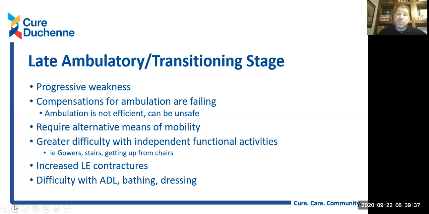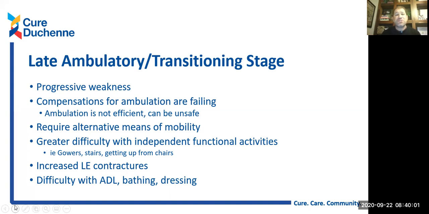The next stage is the late ambulatory or transitioning stage, and that's where the weakness is really taking over. The proportion of the healthy muscle to the muscle with fibrosis, scar tissue and fat is kind of taking over, so they're really starting to get weak at this point.